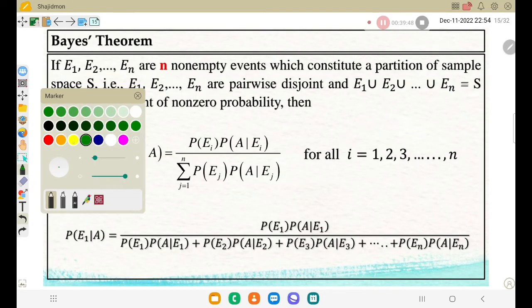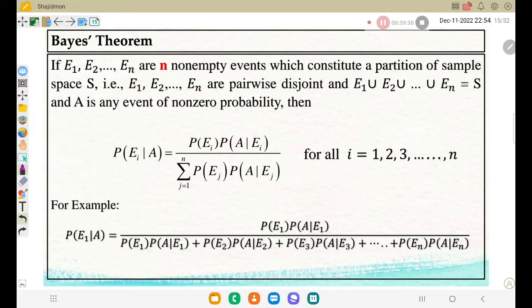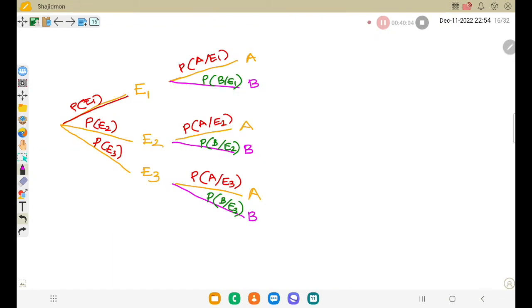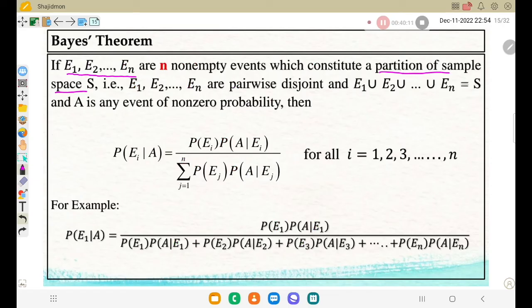In Bayes theorem we are concentrating on a particular partition, correct? For example, if E1, E2, En are the n non-empty events which constitute a partition of a sample space. These are the partitions E1, E2 up to En. In this example I have taken 3 partitions: E1, E2 and E3, correct? Now E1, E2, E3 up to En are pairwise disjoint.